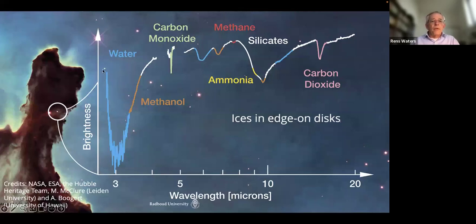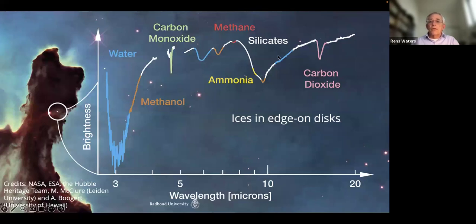You see a very deep absorption because of molecular species in the ices in this cold molecular cloud that are absorbing radiation from the background object. By looking at the wavelengths and the shapes of these absorption bands, you can derive a lot of information about what kind of ices there are, like water or methane or carbon monoxide or carbon dioxide.